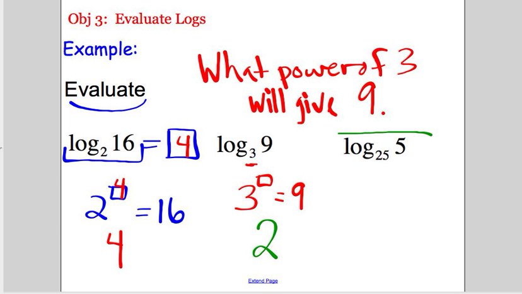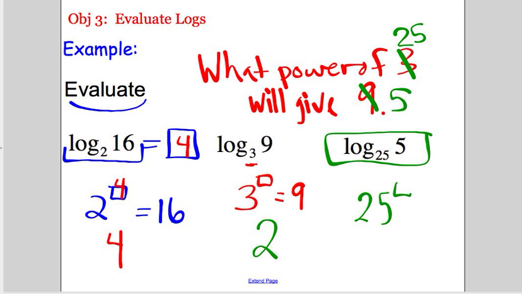Again, this next one, log base 25 of 5. This is saying what power of 25 will give me 5? So 25 to what power equals 5? Wow, this number shrunk. So hopefully remembering that when it makes things shrink, there's going to be a special value in the exponent, and it's not going to be a regular number. Because 25 to the first power is 25.